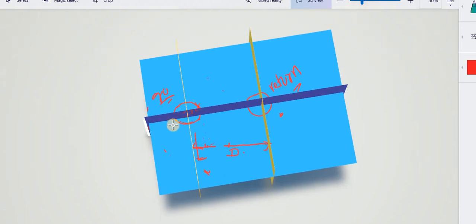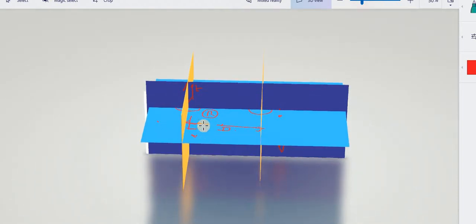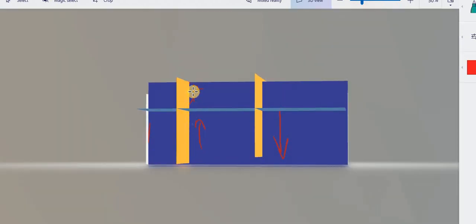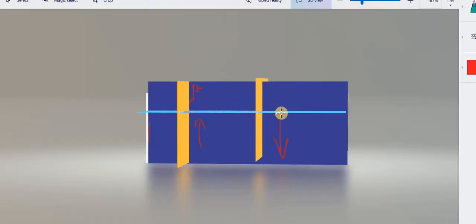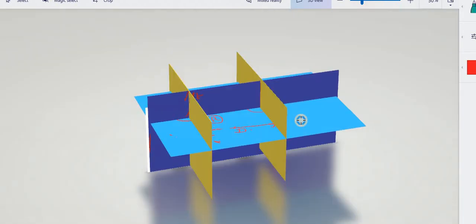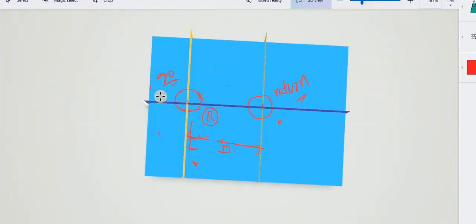The conductor radius, from the origin to here, we are considering as capital R. This conductor is carrying current in the I direction, and this one is carrying current in the opposite direction. You can consider one as the go conductor and the other as the return conductor, either way.